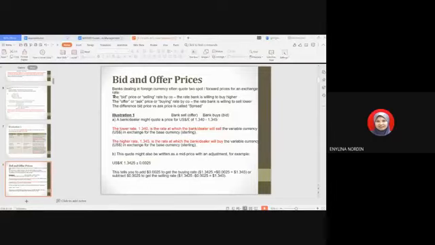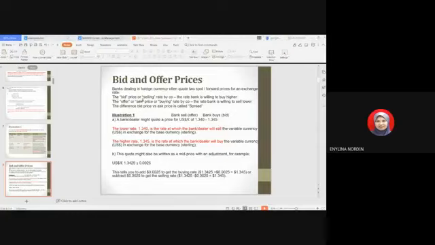Banks dealing in foreign currency will often quote using the spot rate or forward rate. We will go into detail about the spot rate and forward rate later on, but here I want to explain what the bid price and the offer price are.